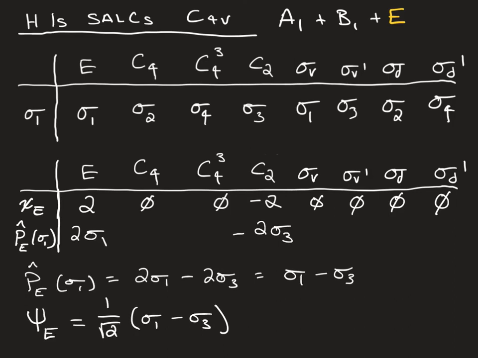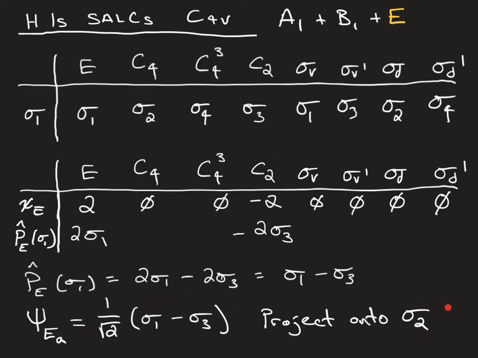E is a doubly degenerate representation, which means there has to be another function that goes with this E SALC that we just derived. So we're going to call this EA. There's a few different ways in which you can get your degenerate SALCs. The way in which we're going to use is we're just going to project again onto an atomic orbital that's not contained within this function here.